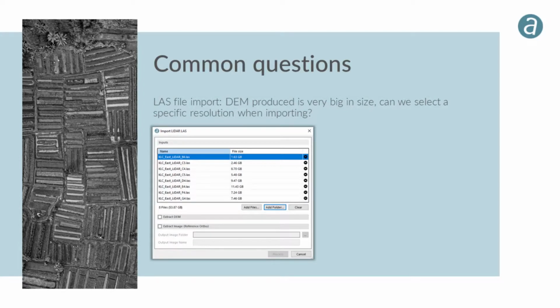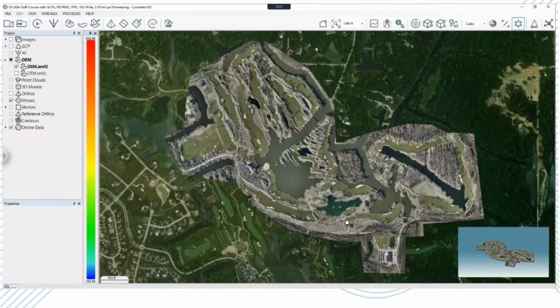Now we've got it so that you can add just an entire folder of LAS files. So that's great, and you can bring them in via script. So anytime we add some kind of feature in Correlated 3D, it is available in script. Correlated 3D can be run command line. You can actually run it without ever opening Correlated 3D.